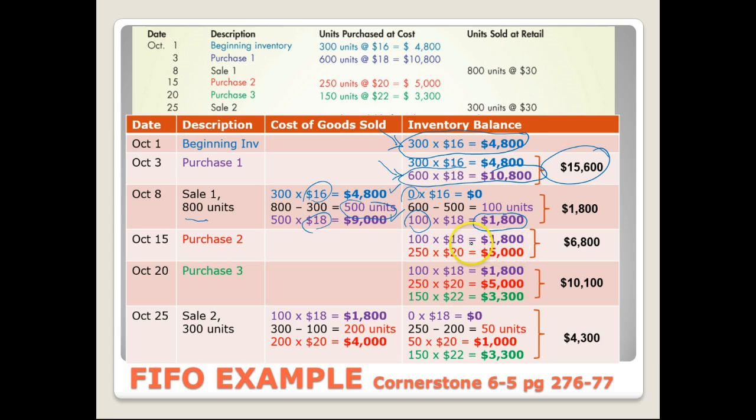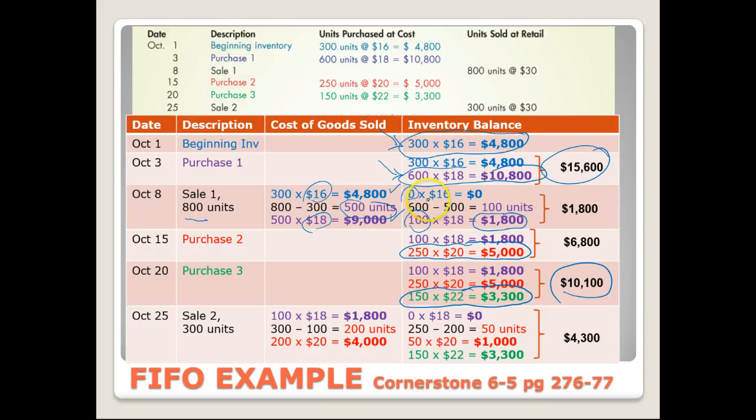I then added the 250 units at $20, and then I added 150 units at $22, so by October 20th, I have $10,100 of goods available for sale. Then I sell 300 of them. Where am I going to go for those 300?